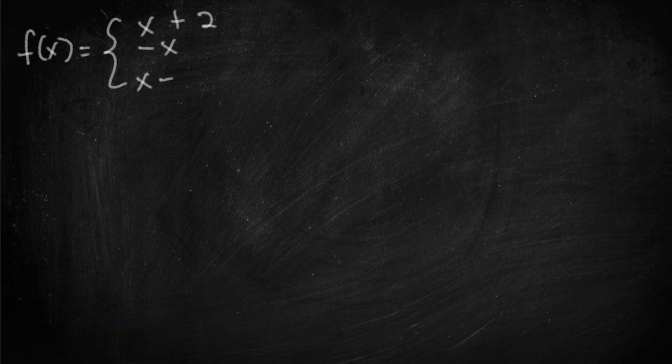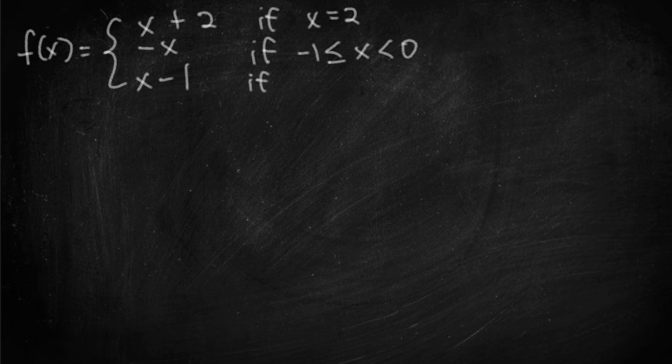So I hope that makes it clear to you in evaluating these kinds of piecewise functions. Okay, so another example. I just need you to take a look at this first. f of x is equal to x plus 2 if x is equal to 2, negative x if x is greater than or equal to negative 1 but less than 0, and x minus 1 if x is greater than 0 but less than 2.